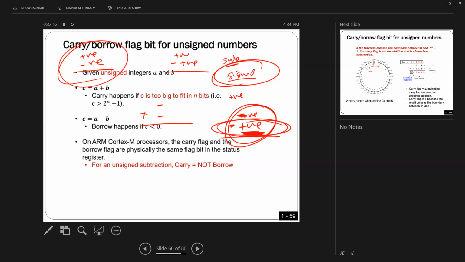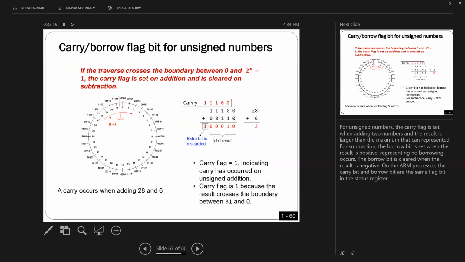Is that okay? Now let's see unsigned numbers, because the case is different now. In case of unsigned numbers, I already explained addition. But the question now is, what if I do subtraction for unsigned numbers? Listen to me. For example, this is number A and this is number B. If A is greater than B, I don't have any problem.